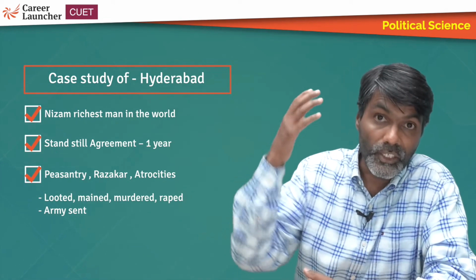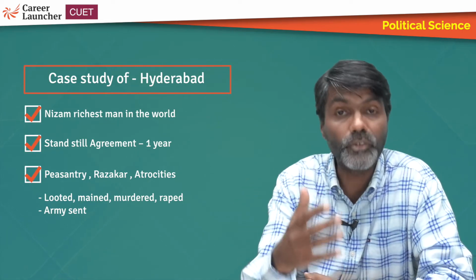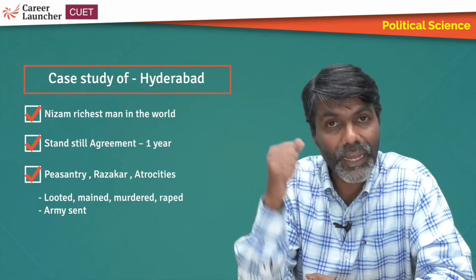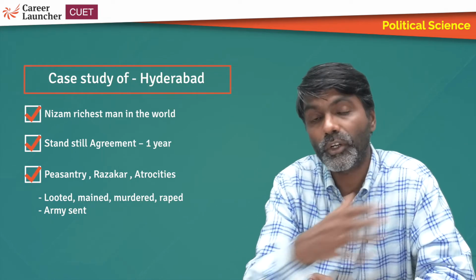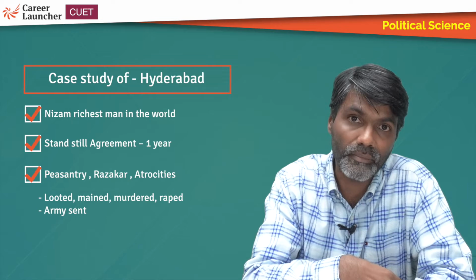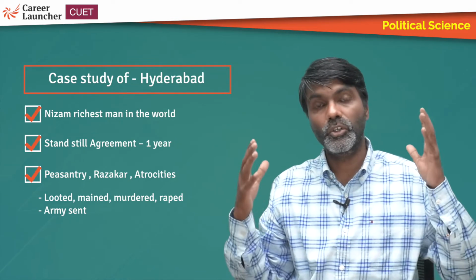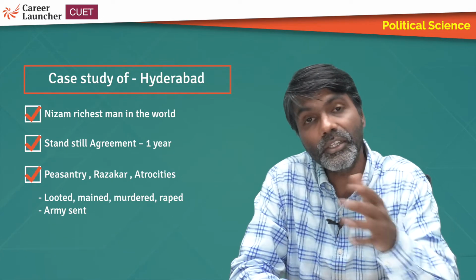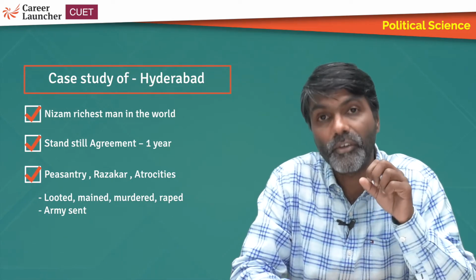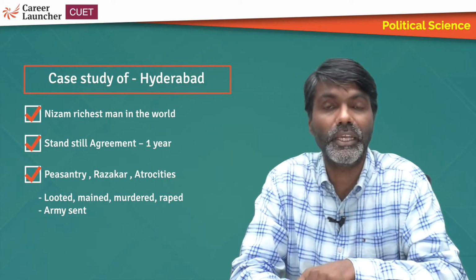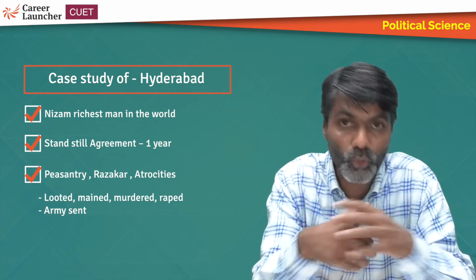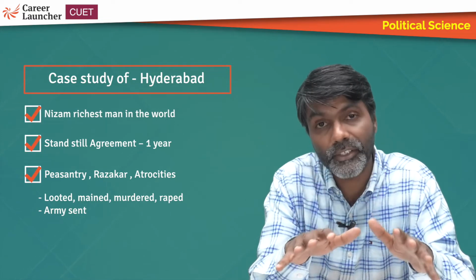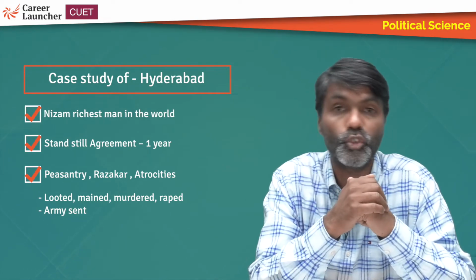And the Nizam's paramilitary forces, the official machinery, clamped down on the people, and a lot of atrocities were committed on them. The Indian government took charge of the situation, sent in the army, and it's only after the Indian army came onto the scene that the Nizam relented and signed the instrument of accession.